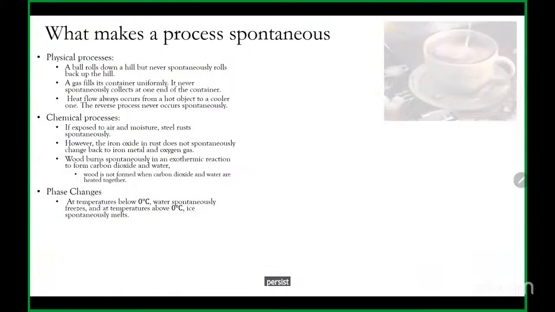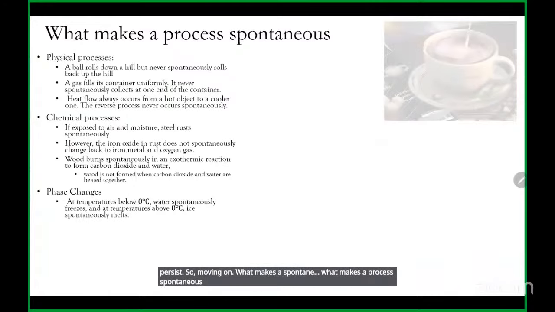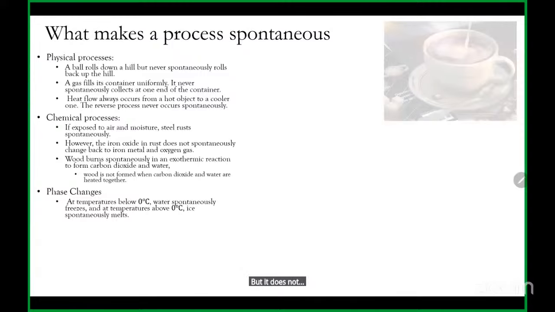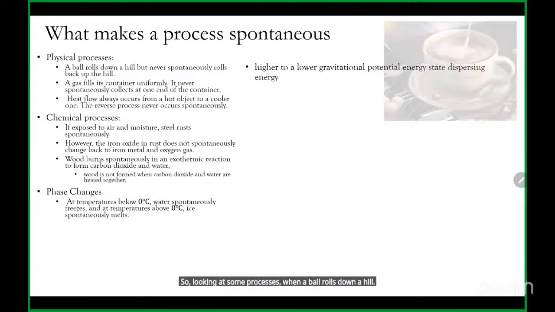So moving on, what makes a process spontaneous? Again, we understand that energy is conserved, but that does not tell us the preferred direction. Looking at some processes, when a ball rolls down a hill, what happens? It's going from a higher gravitational potential to a lower gravitational potential.